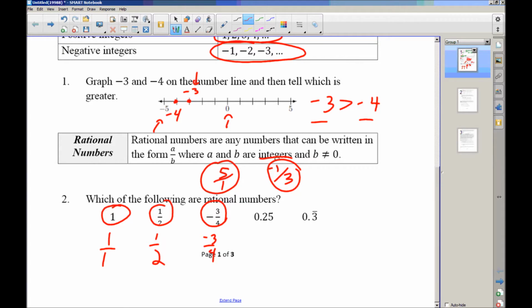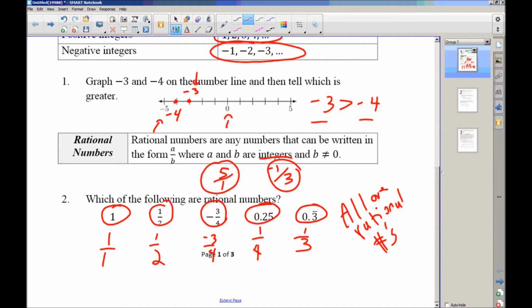So he's a rational number. 0.25 is the same as 1/4. Now we have integers on the top and bottom. And -0.3 with a bar, or 0.3 with a bar, is 1/3. So we can write that repeating decimal. All repeating decimals are actually rational numbers. So which of the following are rational numbers? All are rational numbers.